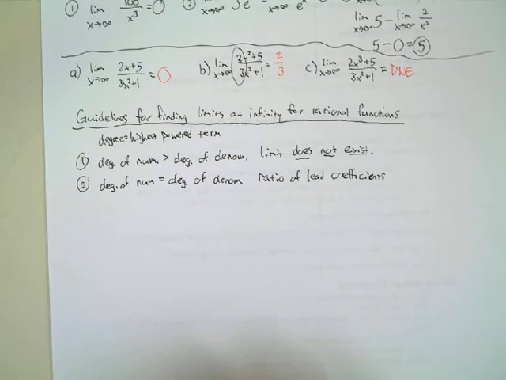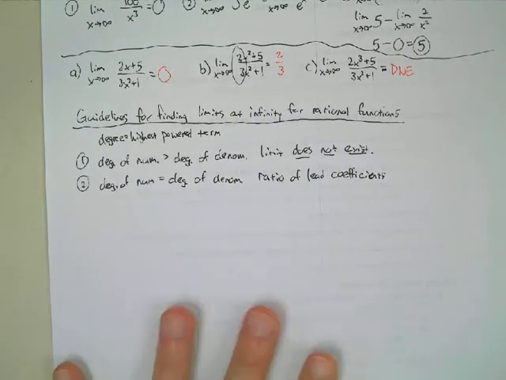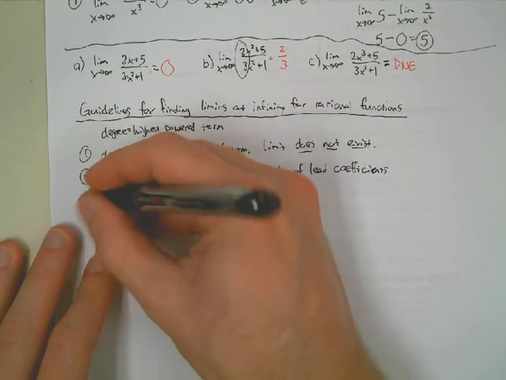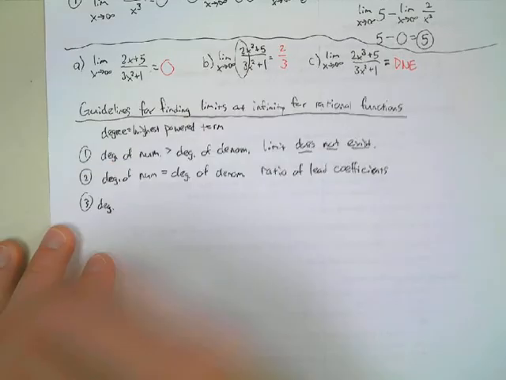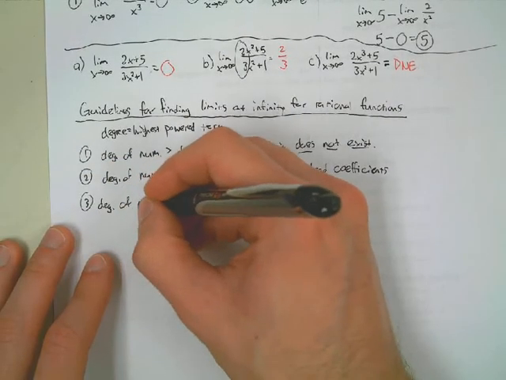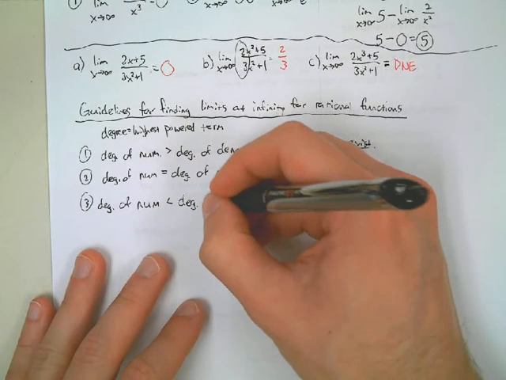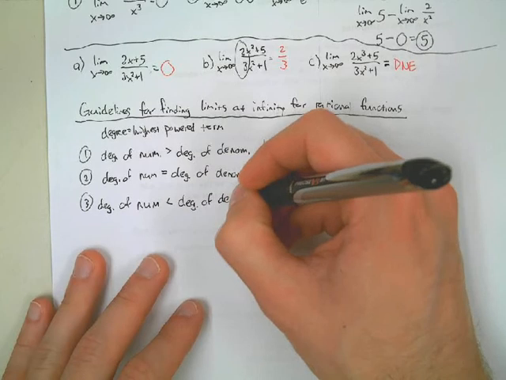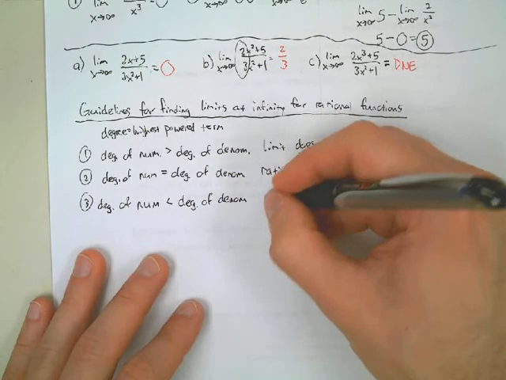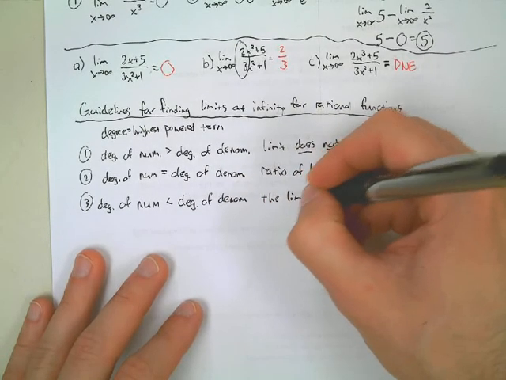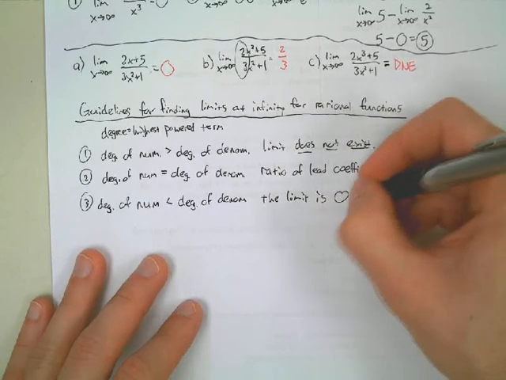And finally, if the degree of the numerator is less than, the only other option that we have, the degree of the denominator, the limit is 0. It looks like a heart the way I drew it there. Okay, 0.